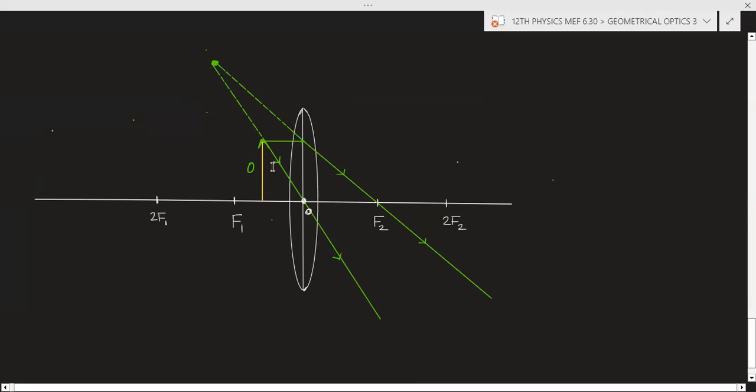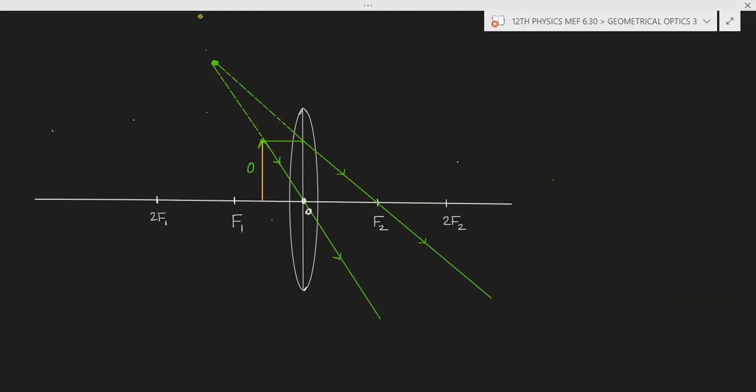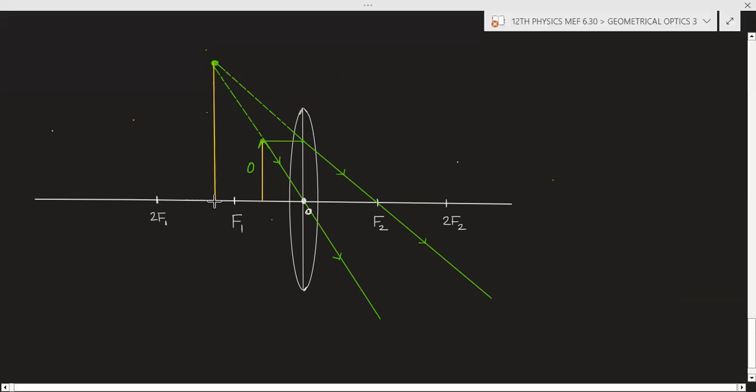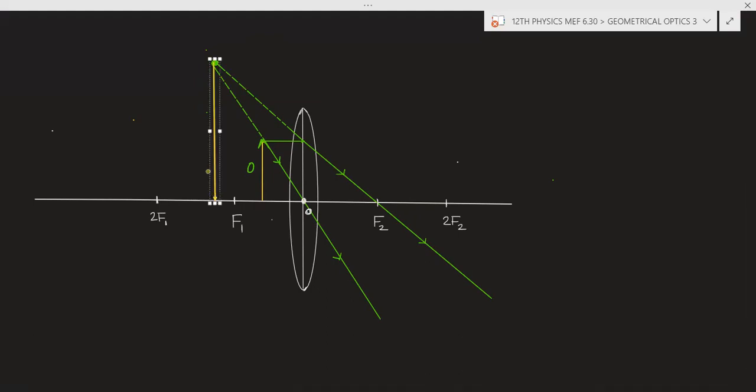But you are producing these diverging or refracted rays in the backward direction, and here these rays are just appearing to meet, and here will be the image. This will be the image.